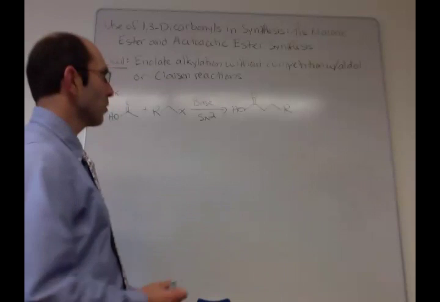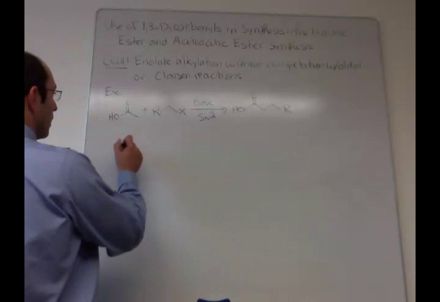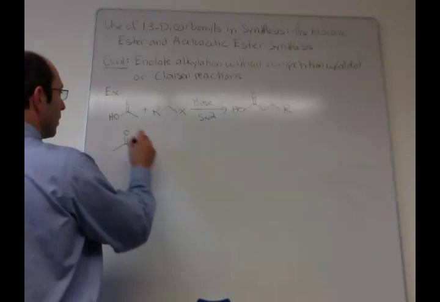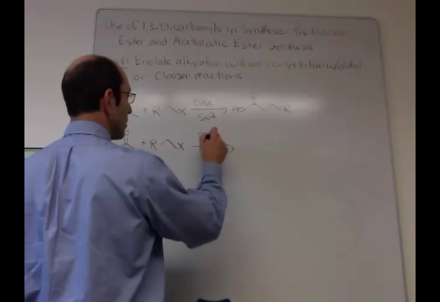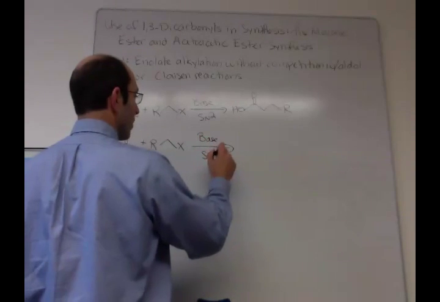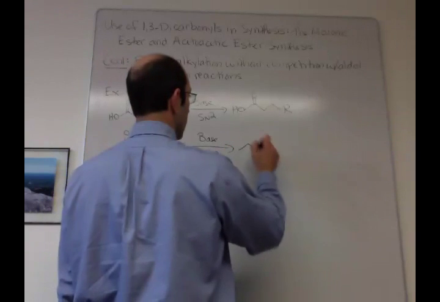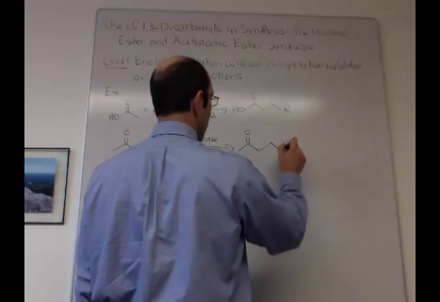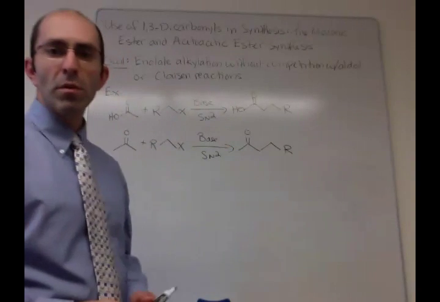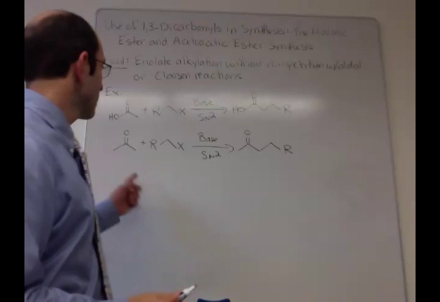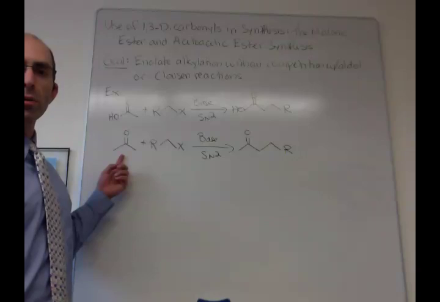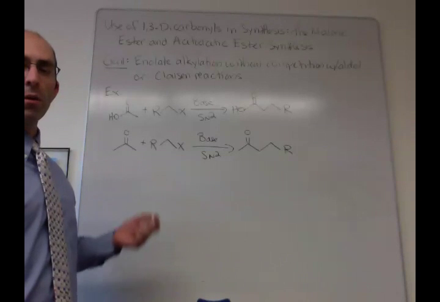And then the other sort of reaction that we'd like to be able to do would be if this were a ketone, and essentially the same reaction conditions, right? So base, do an SN2 reaction, and do the same sort of enolate alkylation. And the problem with this is that if we add a base to acetone or any other generic ketone, we're going to get aldol reactions, right?